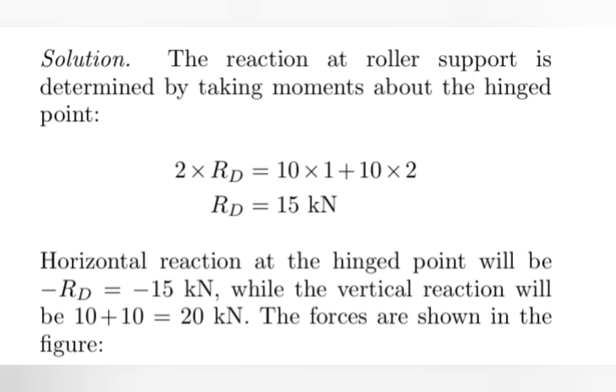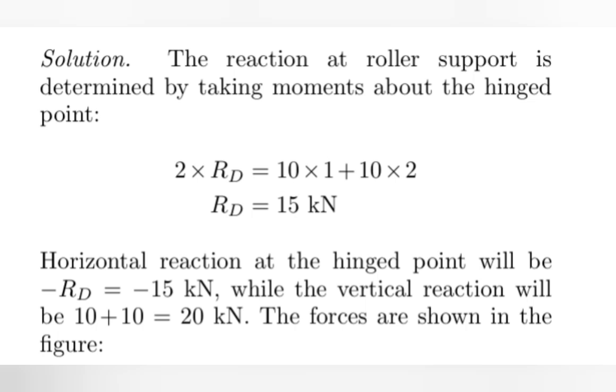Next, forces of 10 kilonewton each are acting at points C and B. From point C we have a perpendicular distance of 1 meter, because if I extend that force backward, it will intersect at the exact middle of the member AB. So the perpendicular distance of the force at point C from point A is 1 meter. So 10 into 1, and it will be in the clockwise direction about point A. So I should write it on the other side of the equation.